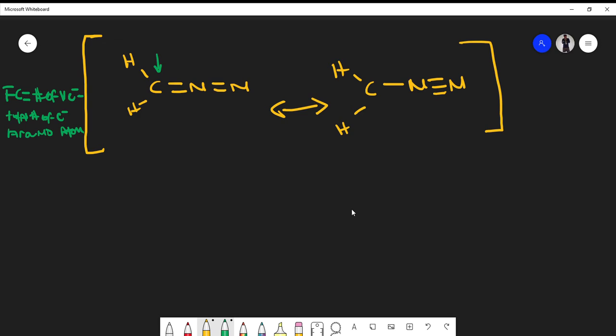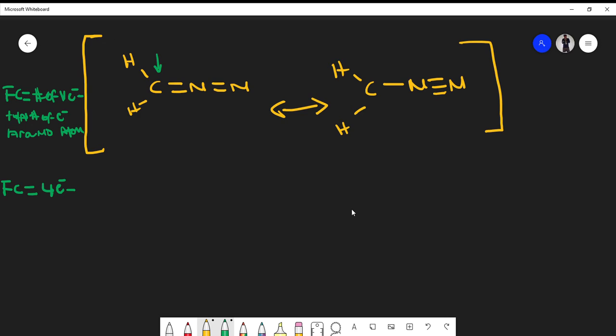In this case, the formal charge for carbon would be 4 valence electrons, because carbon has 4 valence electrons. This is the first part of the formula, the number of valence electrons of the atom of interest, and we simply get that from the periodic table.